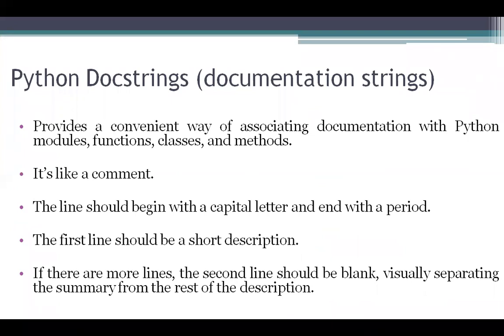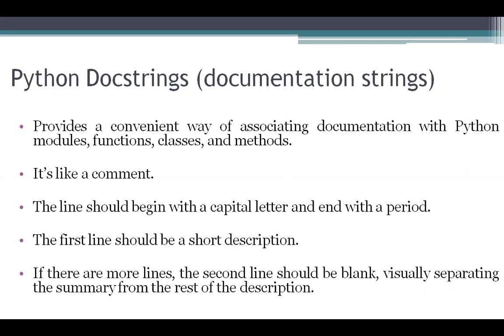Next is the Python docstring, also called documentation string, which provides a convenient way of associating documentation with Python modules, functions, classes, and methods. It's like a comment. It should start with a capital letter and end with a period. The first line must be a short description, and it can have more lines.